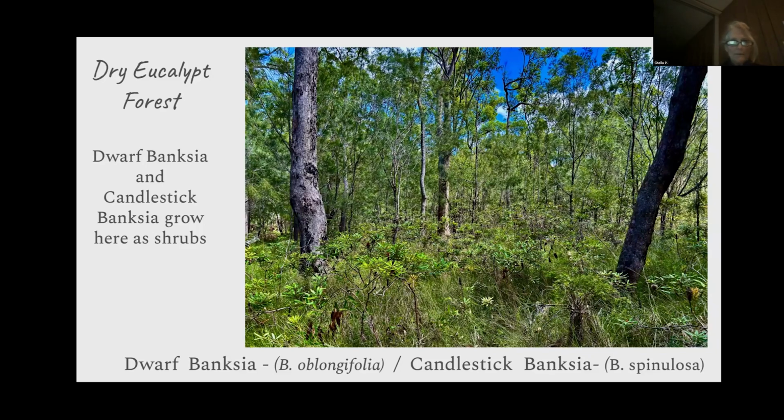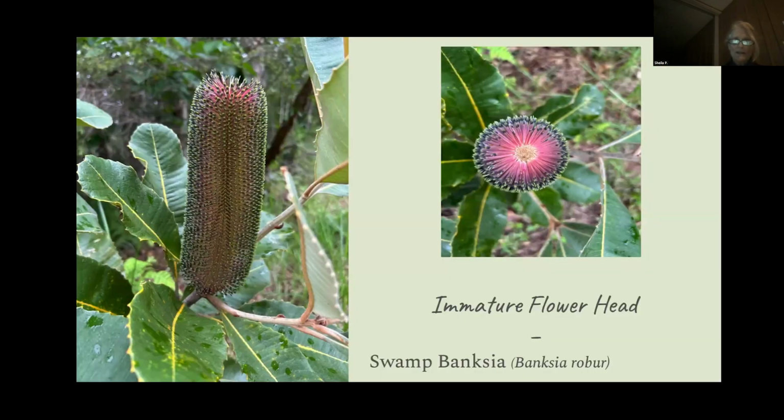So before we talk about how it's dry adapted, let's take a look at that gorgeous flower head of Banksia. This is swamp Banksia, Banksia robur, and what we're looking at here are flower buds. Each flower head is composed of hundreds, if not thousands, of individual flowers.